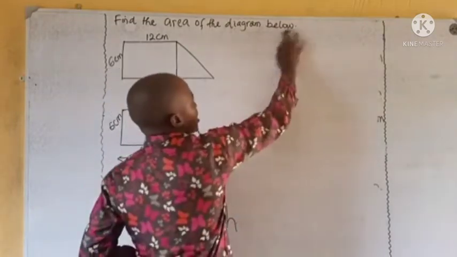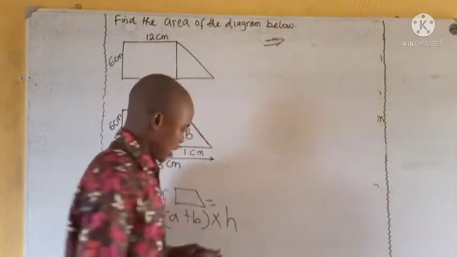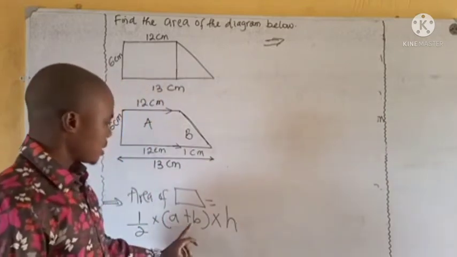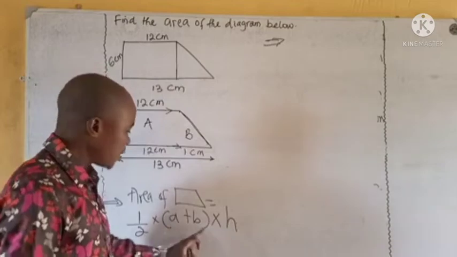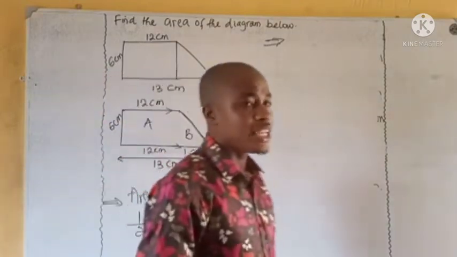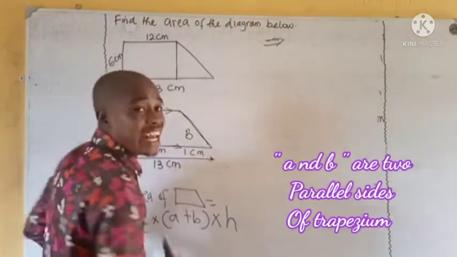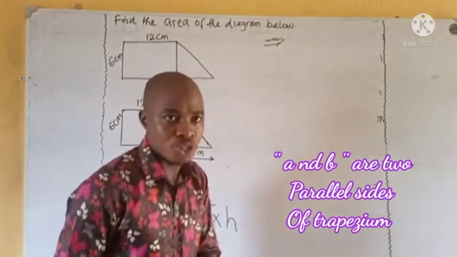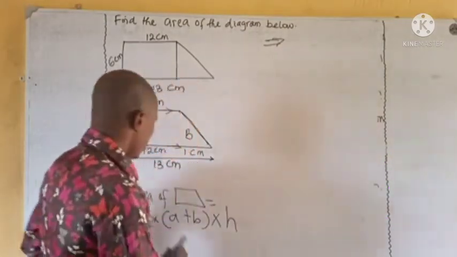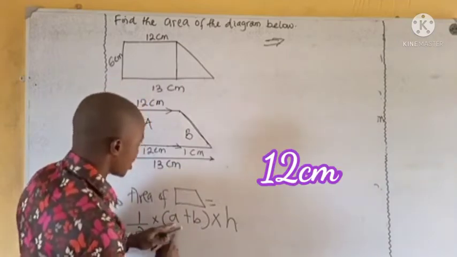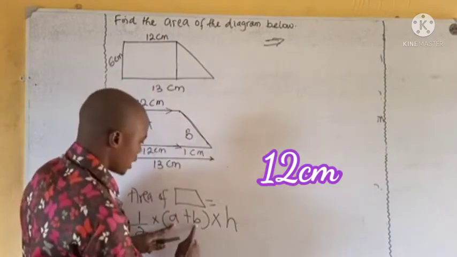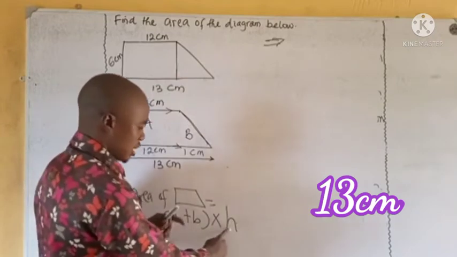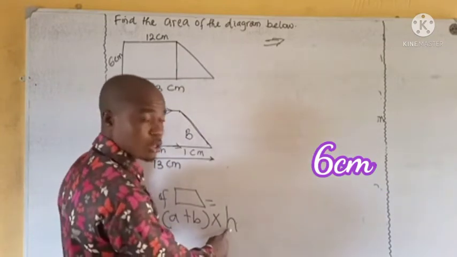So now from here, the next thing we are going to do is, the A and B we have are the two parallel sides of the shape trapezium. Are you getting what I'm saying now? So therefore we can say A should be 12 and B should be 13. And H is our height, is going to be what?